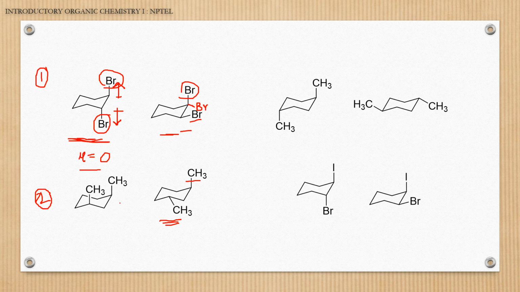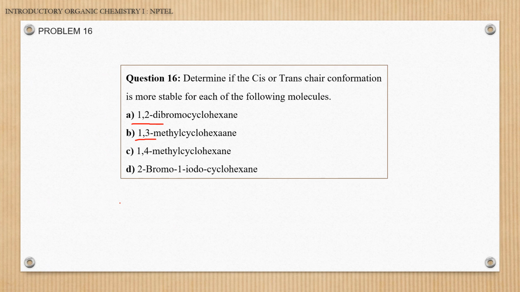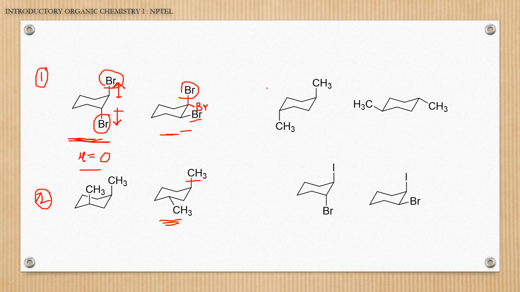Yes, ma'am. So now coming to problem C. Here part C is about 1,4-dimethyl cyclohexane. This is part number 3. I have drawn both the cis and trans conformations, guys. Which is stable? Very straightforward.